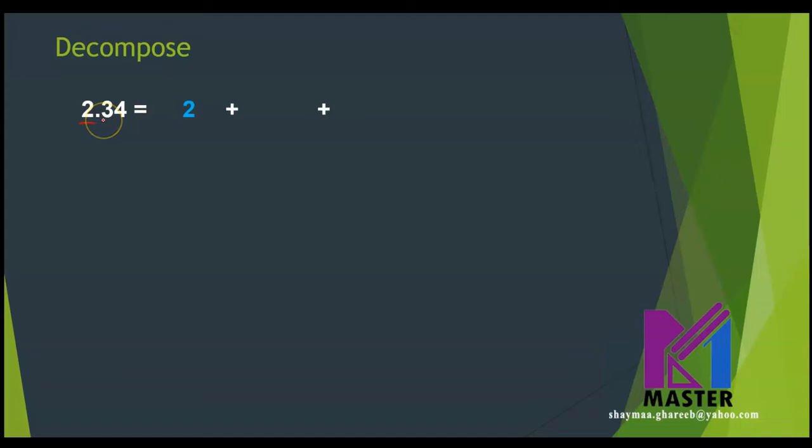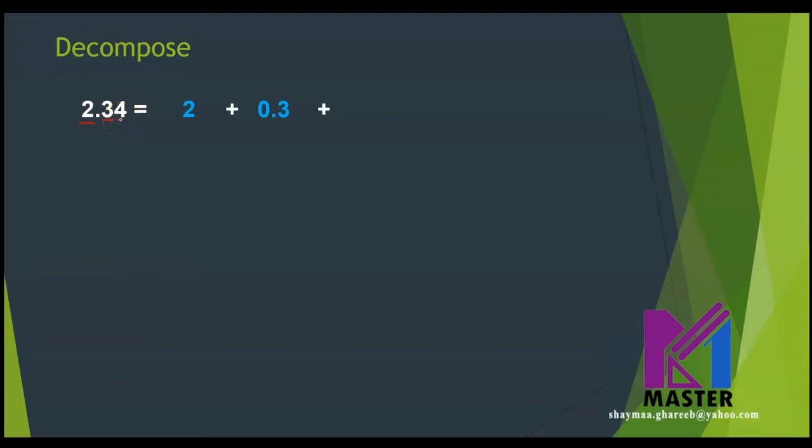Now let's go to this 3. It is in the first decimal place, which is the tenths place, so its value is 3/10. So I write 3/10 as 0.3, or I can write it as a fraction 3/10.